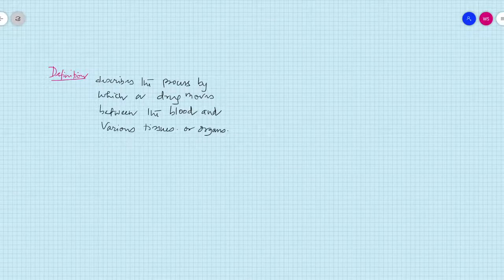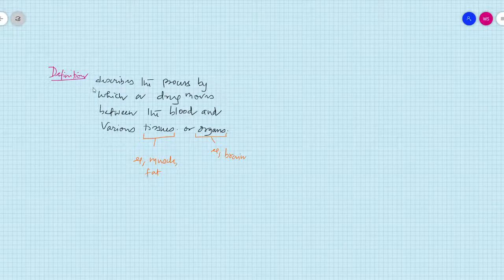Okay. So what could be examples of tissues? Tissues, for example, the muscle or fat, and organs could be, for example, the brain. Okay.